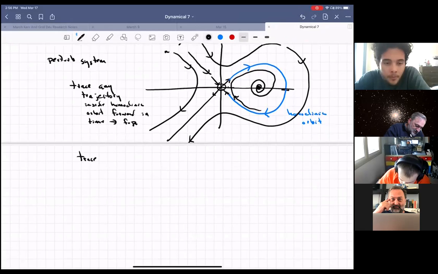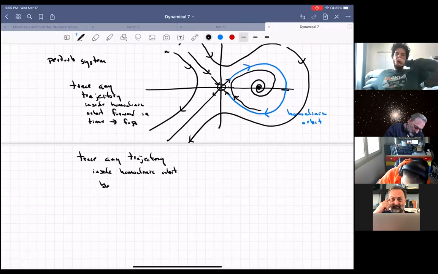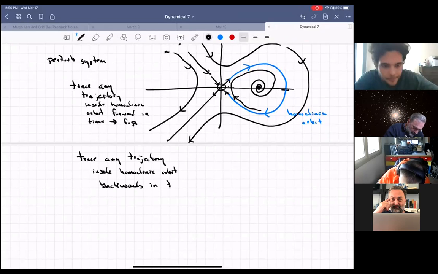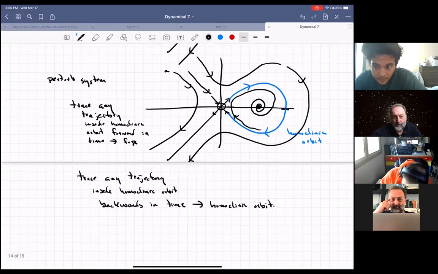And if I trace any trajectory inside the homoclinic orbit backwards in time, I go to the homoclinic orbit. Okay, see how that works out?